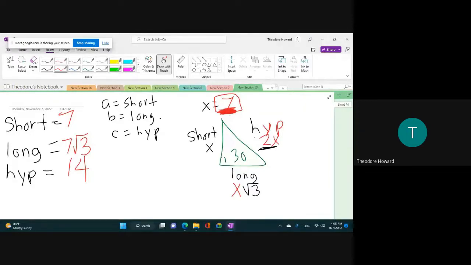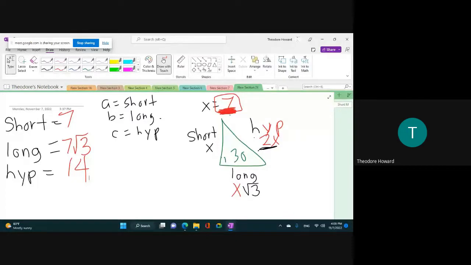Do we need to do more examples of this? Yay, nay? When you're quiet, I'm thinking that you guys got it. We're going to do one more just for fun.